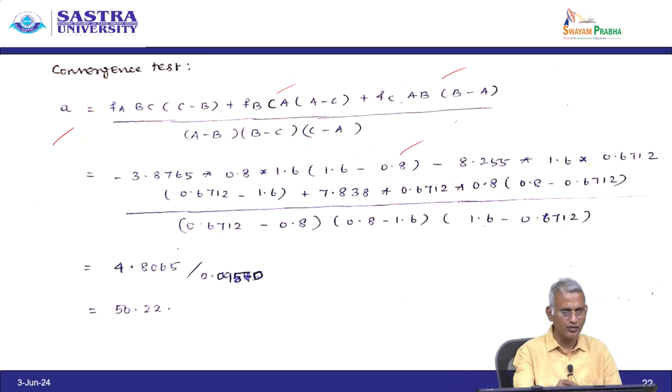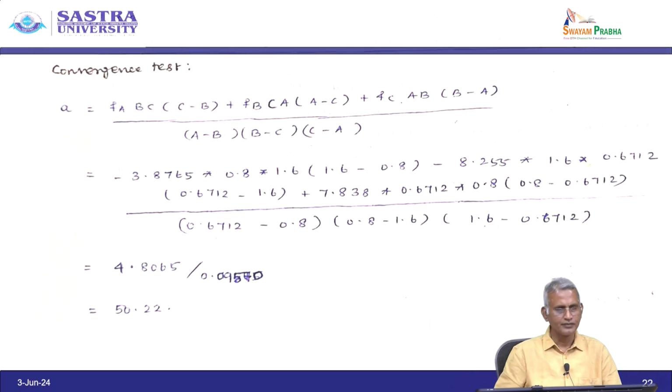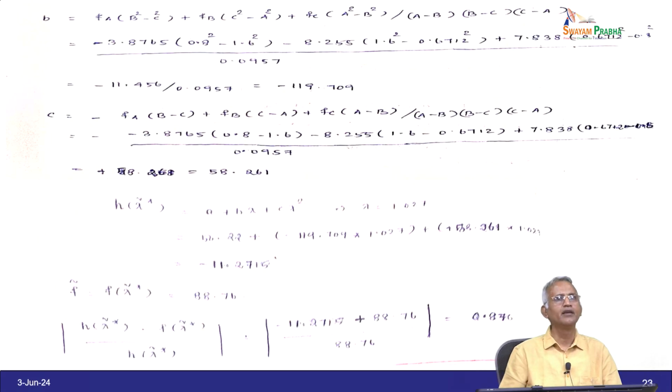Substitute it and the numerator is 4.8065 by 0.09540. Divide them, we have 50.22 is the value of a, and then go ahead with b. B is fa into (b square minus c square) plus fb into (c square minus a square) plus fc into (a square minus b square), everything divided by (a minus b) into (b minus c) into (c minus a), and substitute all the values of a, b, c, fa, fb, fc.